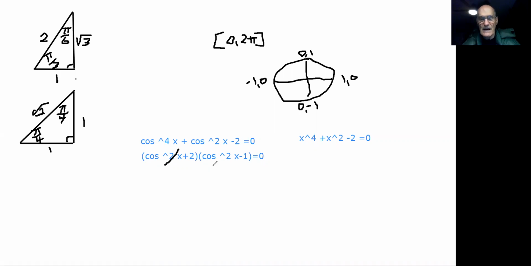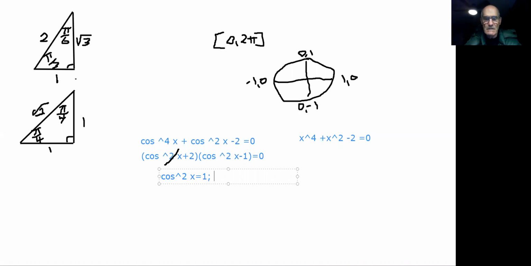So over here you have cosine squared x. So we'll go back to our text here. So we have cosine squared x equals 1.